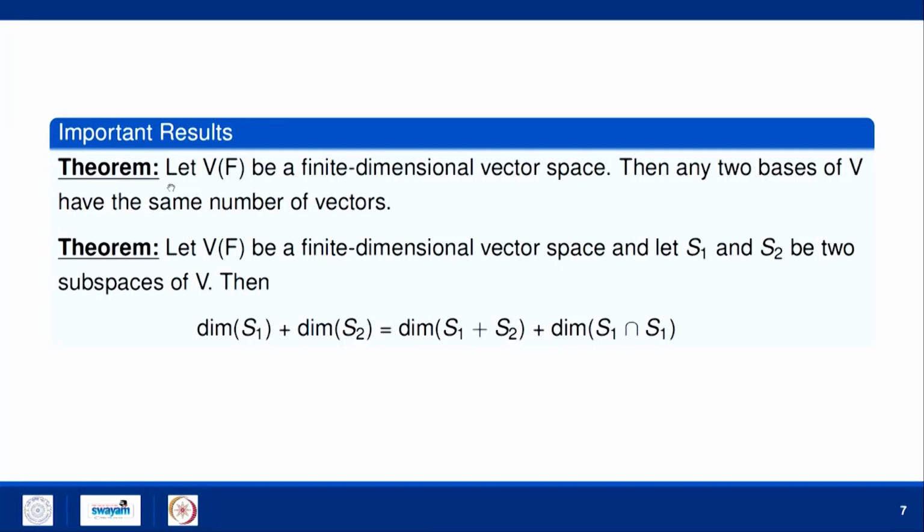Another important result: let V over F be a finite dimensional vector space, then any 2 bases of V have the same number of vectors. We can have multiple bases for a vector space. However, each of the bases will have the same number of vectors, which is equal to the dimension of the vector space.